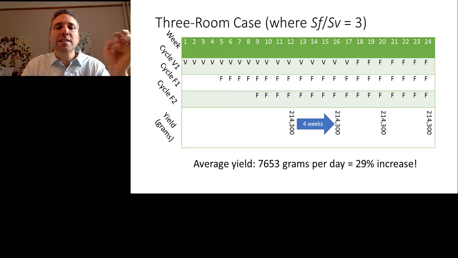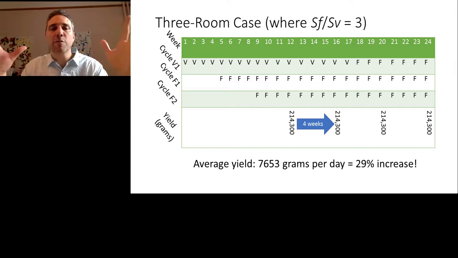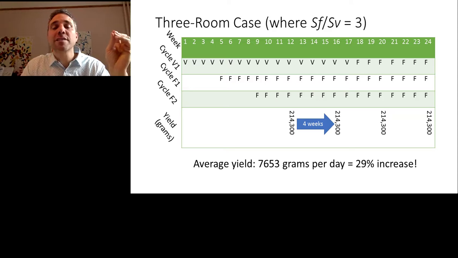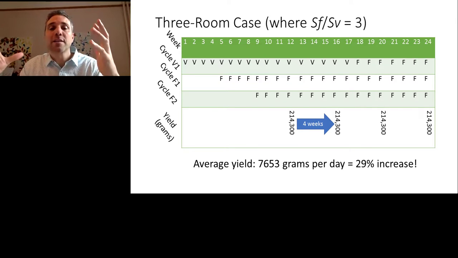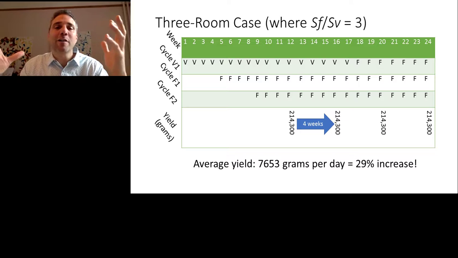And that increases the average grams per day from approximately 5,960 in the 1-room case to over 7,600 grams per day, or a 29% increase, right? So we're using exactly the same space, but we've increased the yield by 29%. And given the prices of cannabis, that's a tremendous amount of money for even a small farmer.